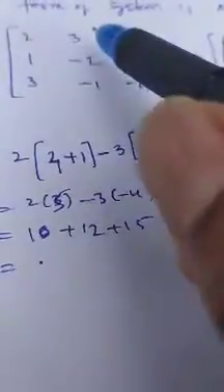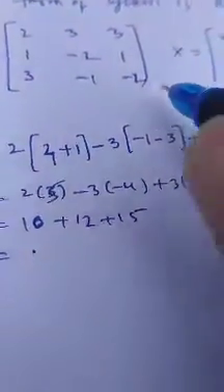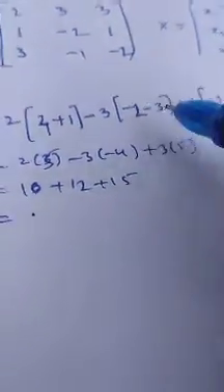And for this, for 3 also, minus 2, here minus 2 minus 3 minus 4, so 15, right? So 40 is the det A. Now which is not equal to 0, so A inverse exists.